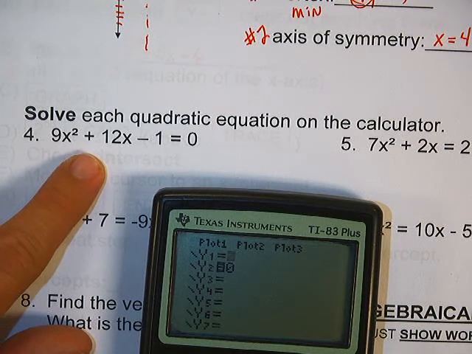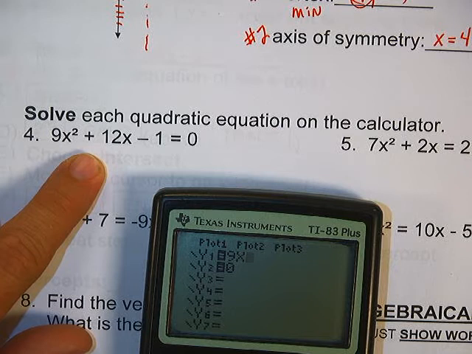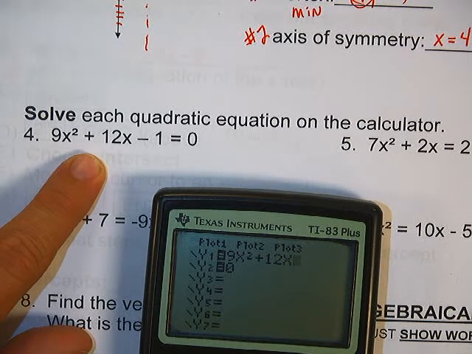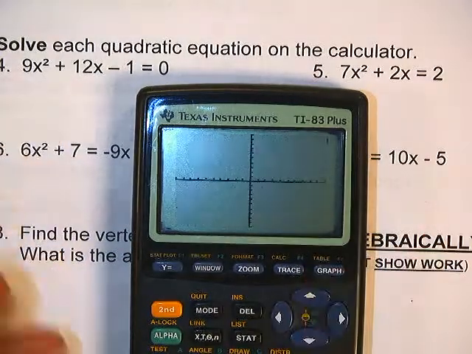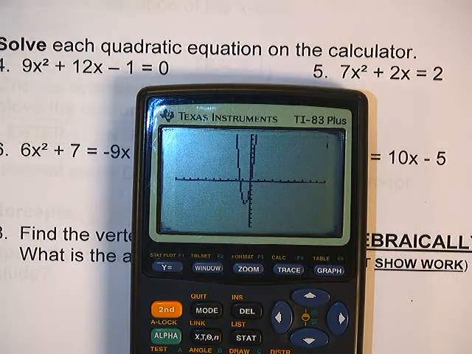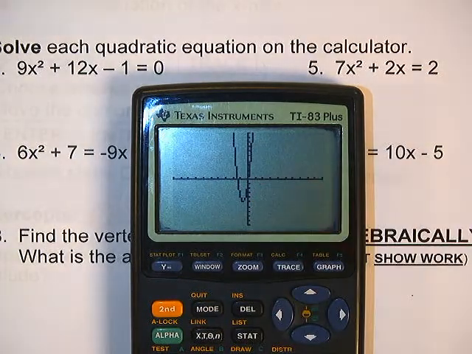9x squared plus 12x minus 1. Now what I would do is hit graph. Does this cross the x-axis? Yes. Crosses it there, crosses it there.